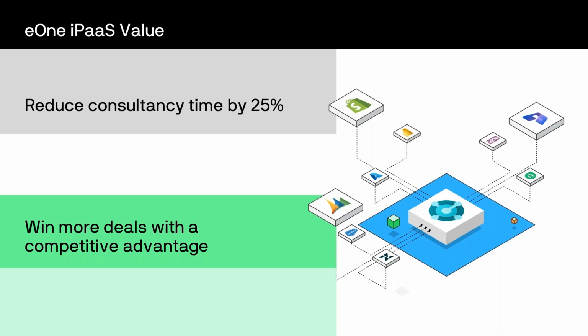And we want them to be able to win more deals with competitive advantage. So if you're going up against one of the other ERPs like NetSuite, Acumatica, Sage Intacct, you're going to be going against some systems that are going to be better at one thing versus another, but ultimately it comes down to price. So how quickly can an integration be developed with those platforms compared to your Business Central integrations?